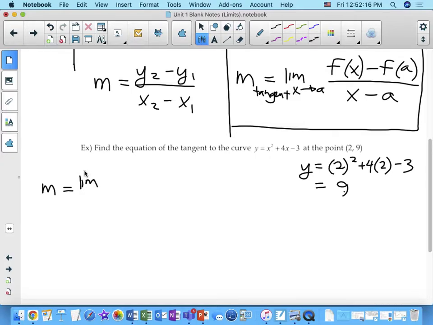In this case, the a value is 2, so our a, f of a in this case is 2, 9. So the slope is the limit as x approaches 2 of f of x. Now in this particular example, f of x is this.